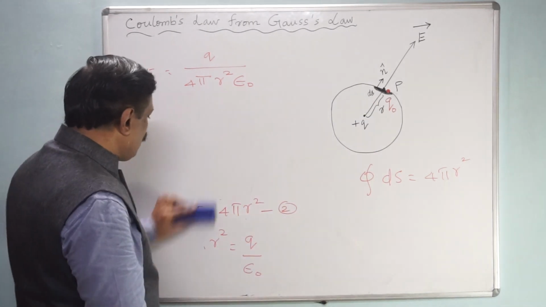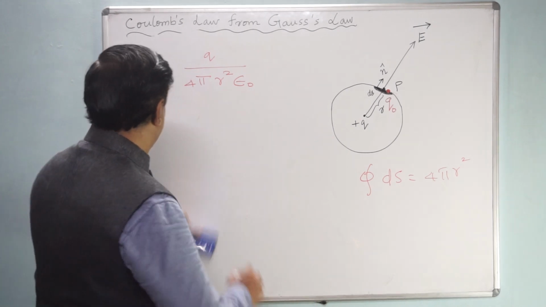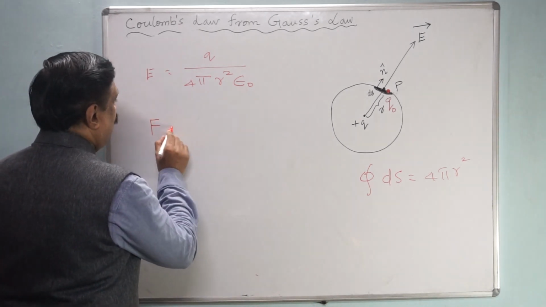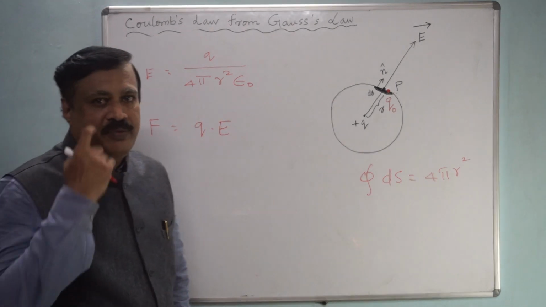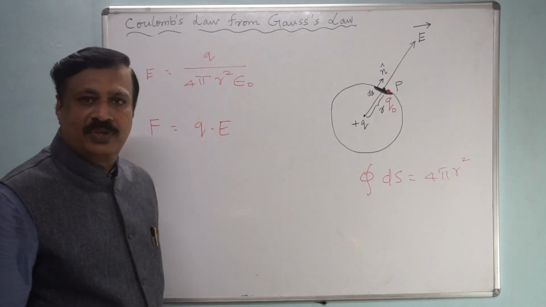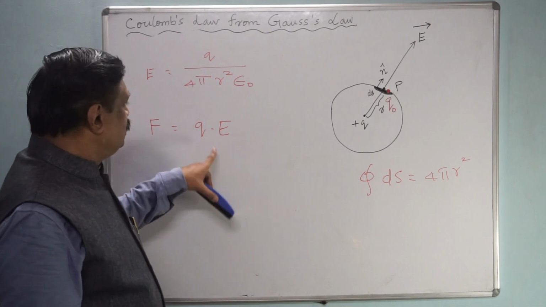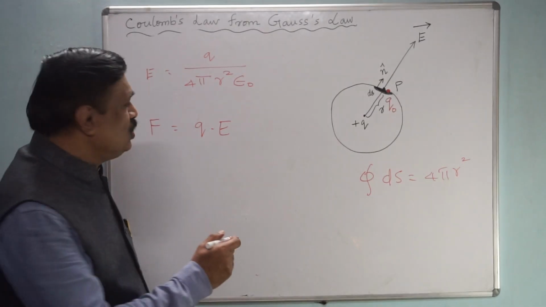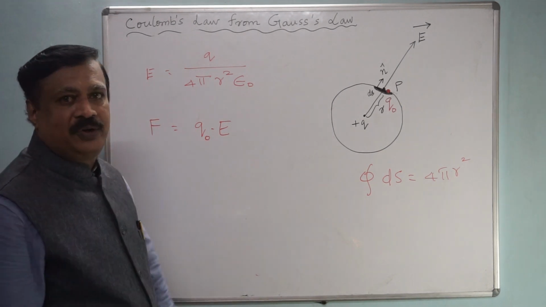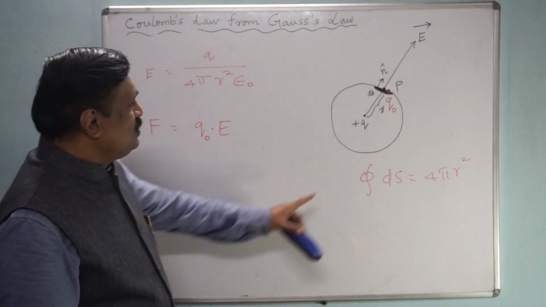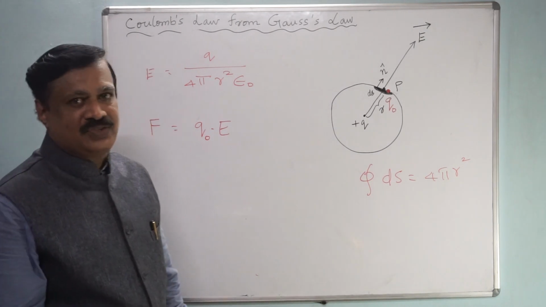Now you know the formula F equals Q into E. If you put this Q as Q0, then F equals Q0 into E. Q0 means this Q0 which you considered.